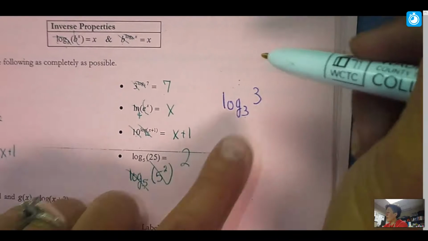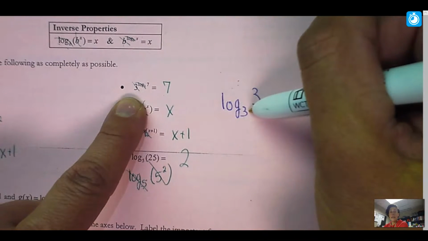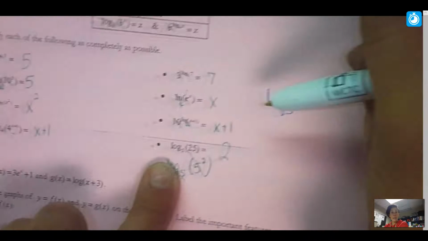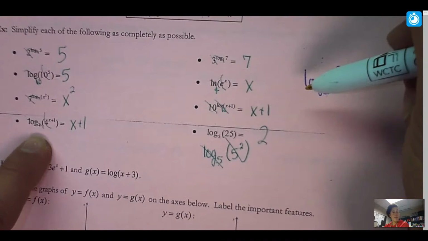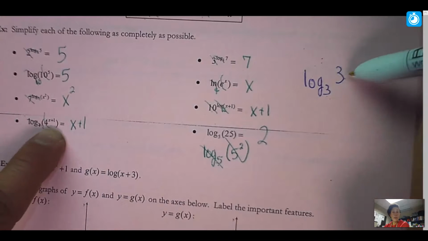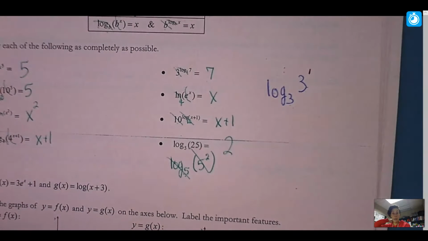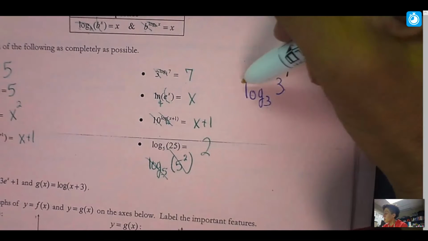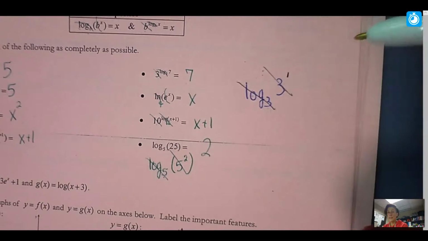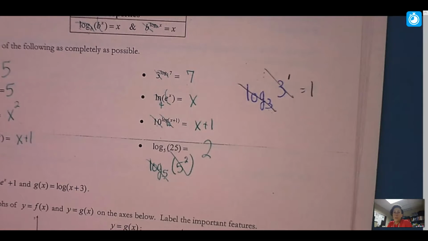But if I want this problem to look like a log problem like this one, this is the better one, right? So this log 3 is like this 3, but this one doesn't have an exponent. So I could put a first power and that would still keep it as 3. So again, when this takes out this, you're just left with 1. You can look at this one many different ways, but you're not left with nothing. You're always left with something, and that would be a 1.